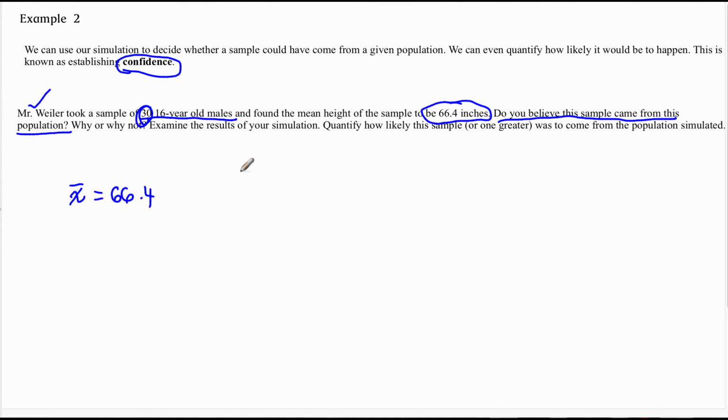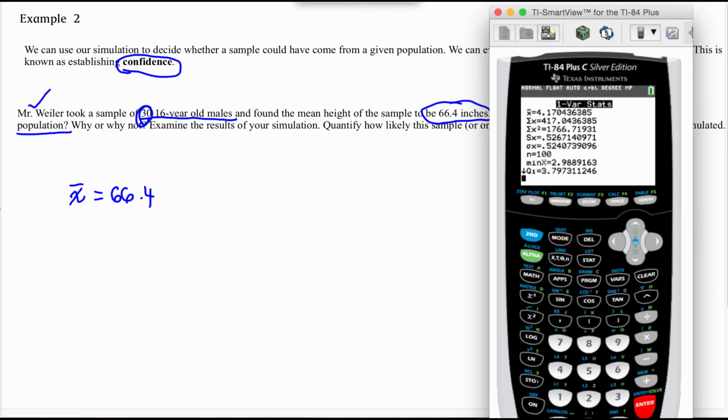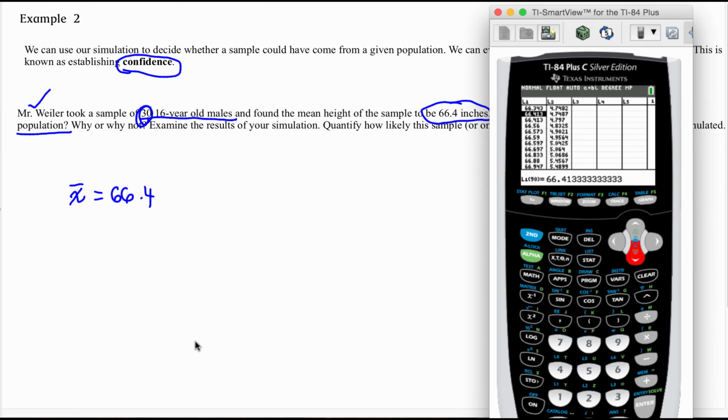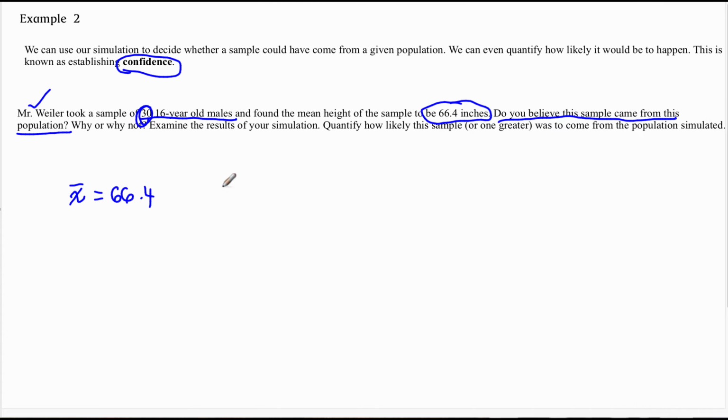Well, let's see. So I went back to the calculator, I went back to where all the data was stored, and in list 1 is the average. And then I went through the averages until I found 66.4. Well, 66.4 doesn't exist, but 66.343, that's not it, but 66.413 and above. So that was the 90th term.